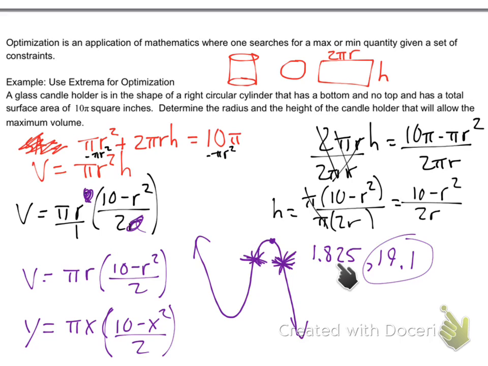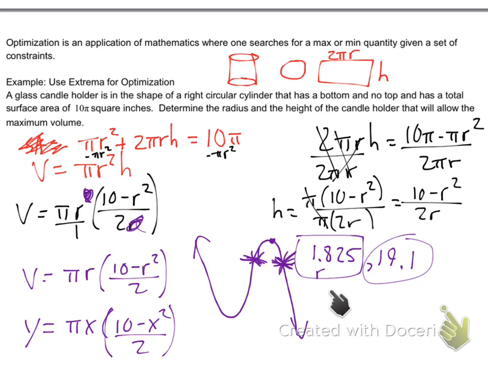Here's the thing. The question never asks us what is the maximum volume. It wants to know what R value makes it the maximum and what H value, because look here, it says radius and height. Here's the cool thing.